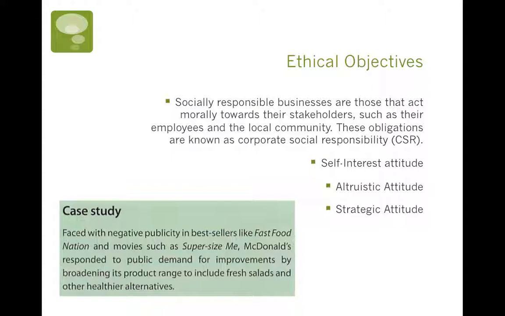So, for example, the Body Shop makes a decision to not test on animals and to only use products that are not harmful to the environment, so non-chemical, organic products, etc. Well, those production processes are going to be more expensive, but they outline in their mission, in their vision, that this is the type of company they want to be. So they actually put those social responsibility aims above their profit-making aims.